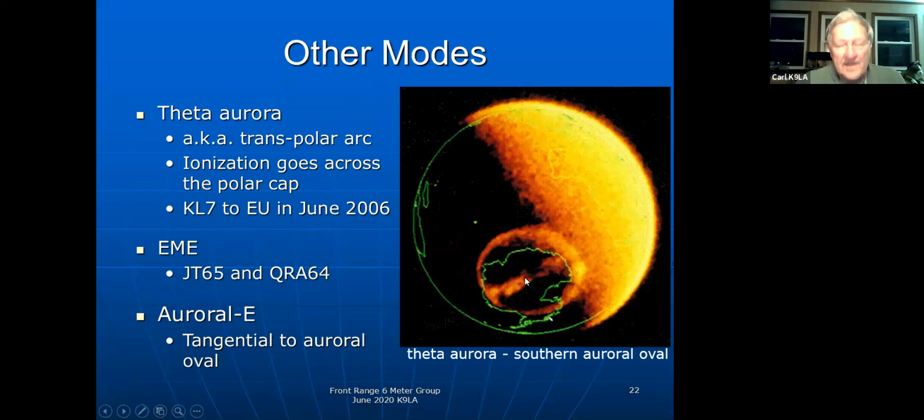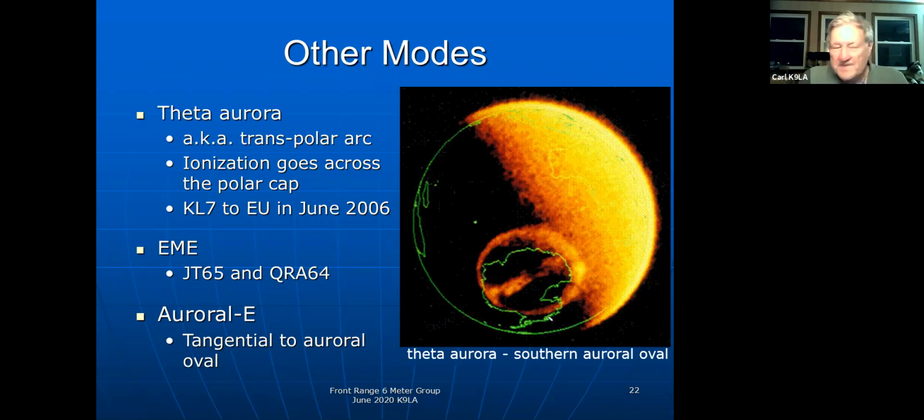Now, I'm pretty sure this is what happened for KL7 working EU in June 2006. The transpolar arc was aligned from KL7 to EU in the northern oval. So that's probably what happened there.